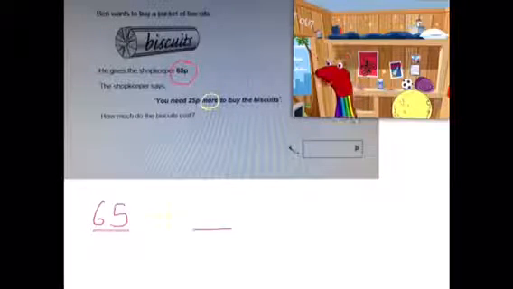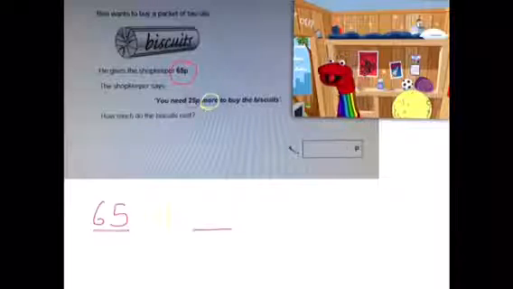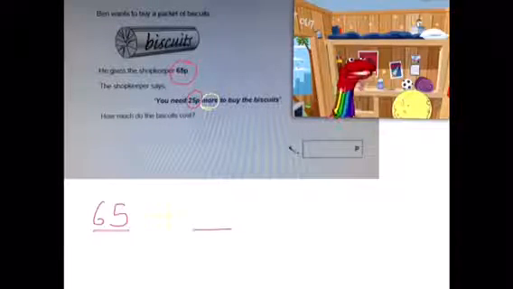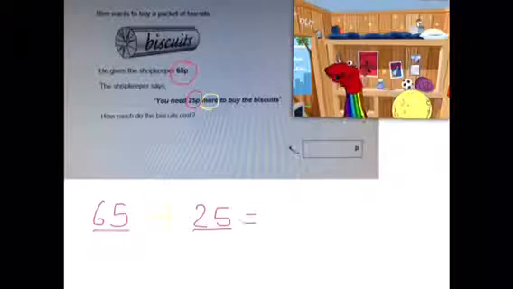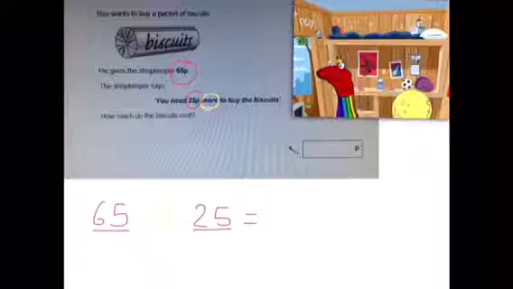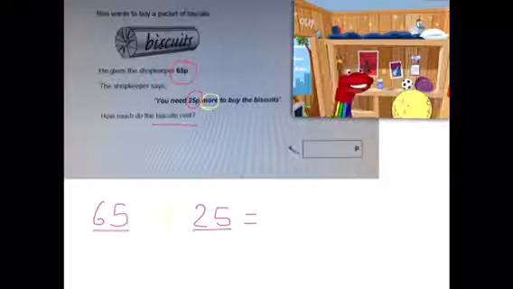So we can also highlight 25p because that's how much we need to add to 65p to find out how much more Ben is going to need in order to buy the biscuits. So our calculation is 65 add 25p.